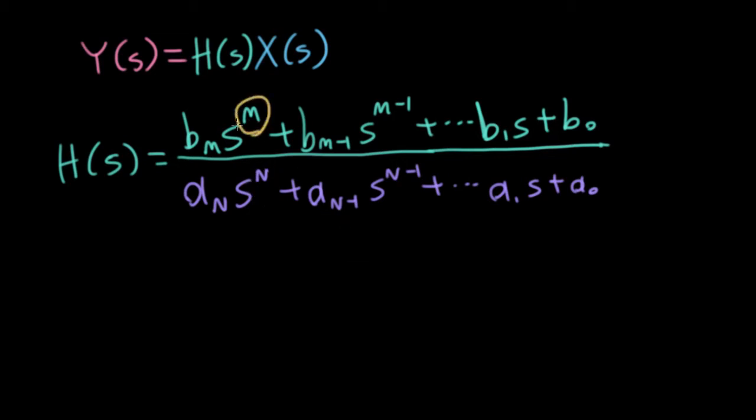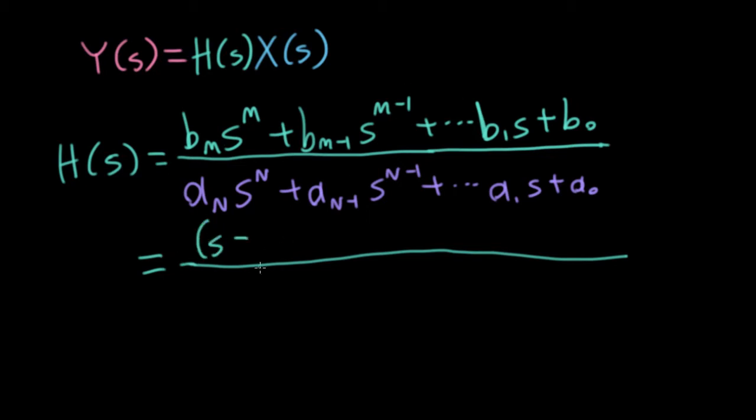So the highest power in the denominator is n, and the highest power in the numerator is m. So we know from various fancy algebra theorems that we can factor the numerator into a product involving its roots. So I'll write (s - z_1)(s - z_2). The z_1 and z_2, etc. are the roots of the numerator.